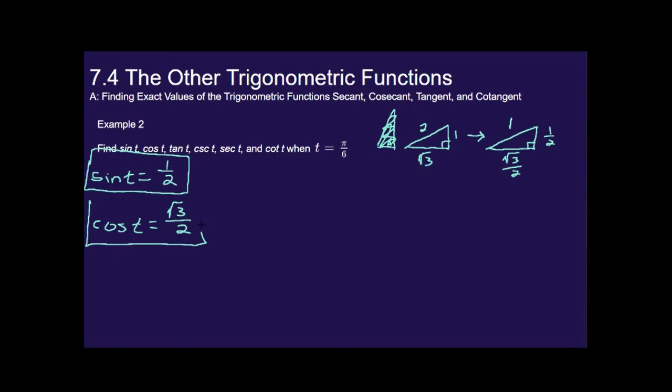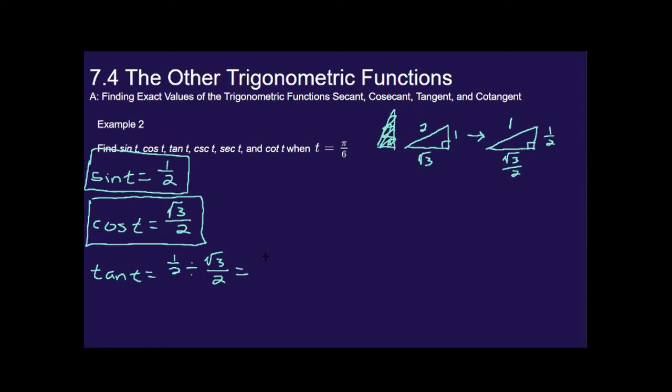There's our solution for that. Okay, now we need to find tangent. Tangent of t is equal to y over x. So our y is 1/2. I'm just going to go ahead and write it as a division problem right away. 1/2 divided by square root of 3 over 2.